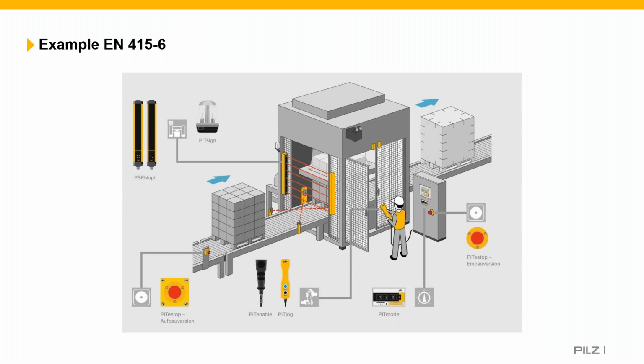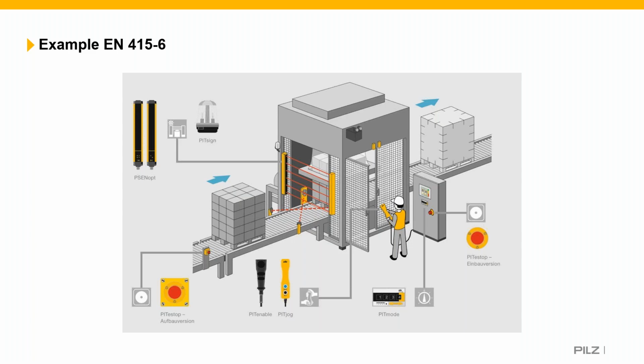If for any reason the operator needs to come along and run the machine with a guard open, and therefore bypassing one of the safeguards, in this case an interlock, they can do that via, in this case, the PIT mode unit, but only under certain conditions. So in this case, the operator is trained, competent, authorised to do so.